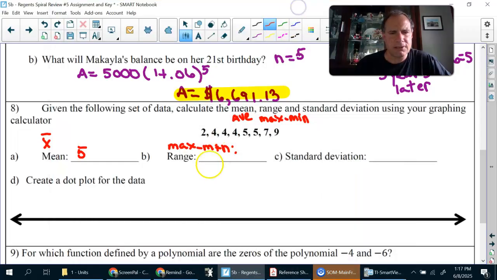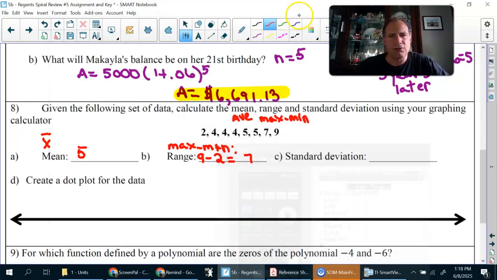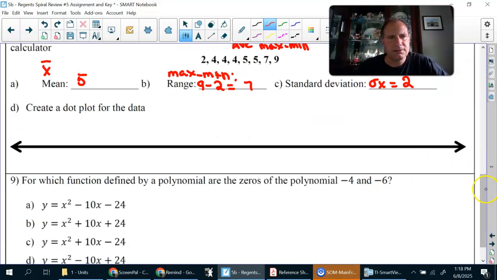So it's 9 minus 2, and that's 7. Standard deviation is right here. Sigma x equals 2.